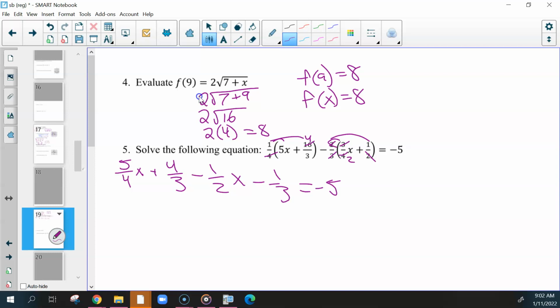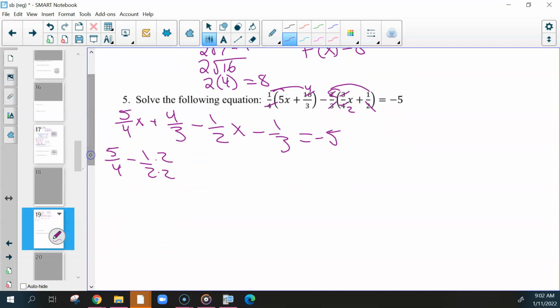And then you could combine like terms. So we have 5/4 and 1/2. You could do that in your calculator or get common denominators. So this would give us 5 minus 2 over 4 is 3/4.